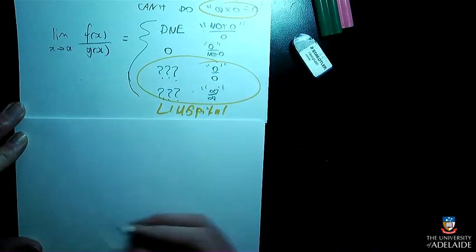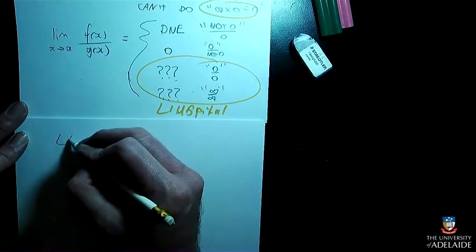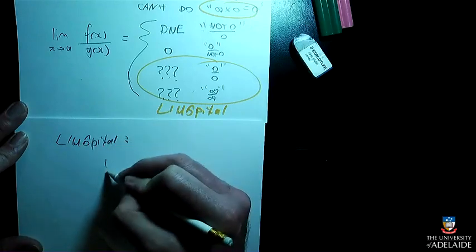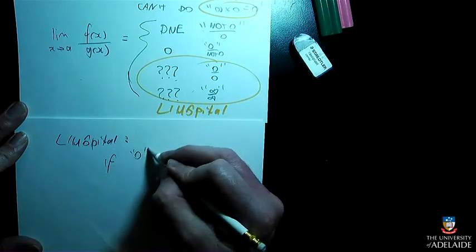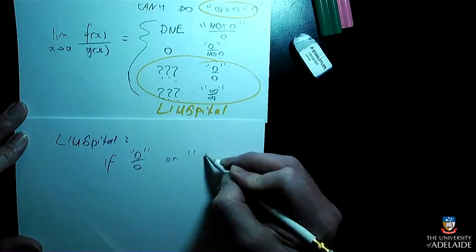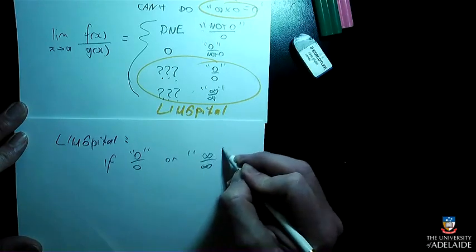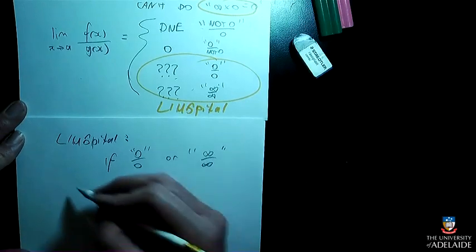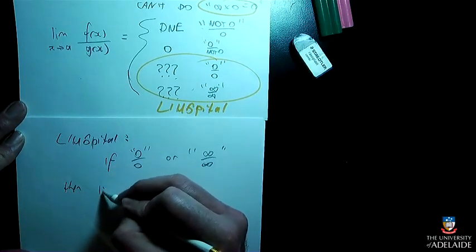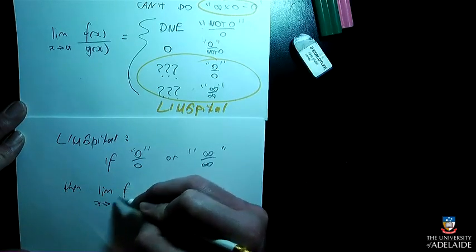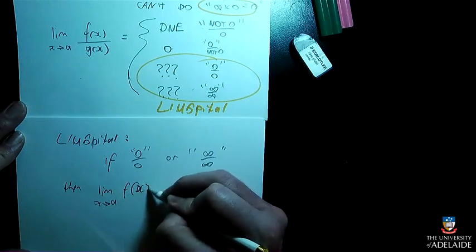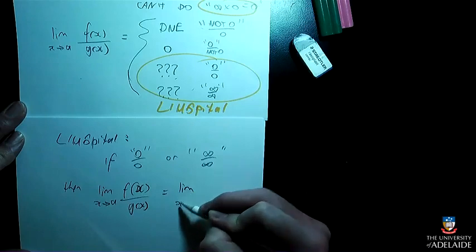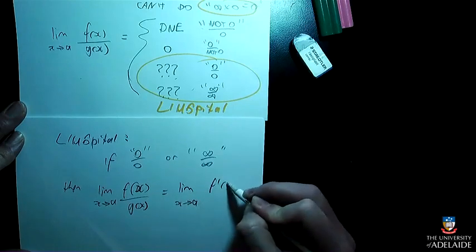So basically what we do with L'Hopital is, if we have 0 over 0 or infinity over infinity, and it doesn't matter whether it's plus infinity or minus infinity, then you won't change the answer for the limit if you do this.